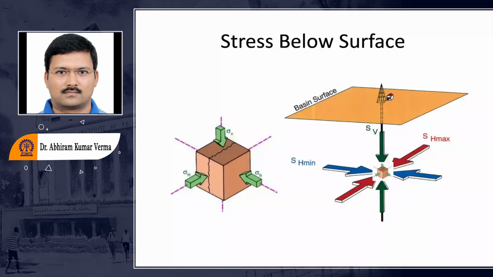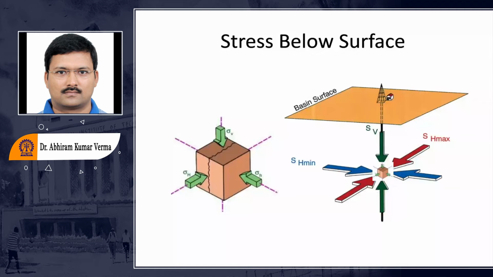These planes are perpendicular to each other. We know the principal planes are perpendicular to each other, so here also the three planes are perpendicular. We have a minor horizontal stress sigma small h, major horizontal stress sigma capital H, and vertical stress sigma V.